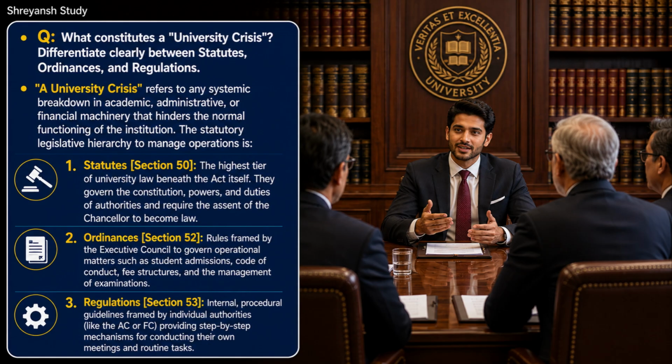Ordinances, Section 52, rules framed by the Executive Council to govern operational matters such as student admissions, code of conduct, fee structures, and the management of examinations. 3. Regulations, Section 53, internal procedural guidelines framed by individual authorities like the AC or FC, providing step-by-step mechanisms for conducting their own meetings and routine tasks.